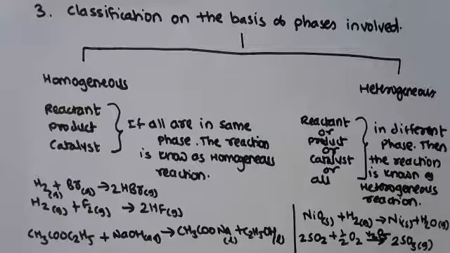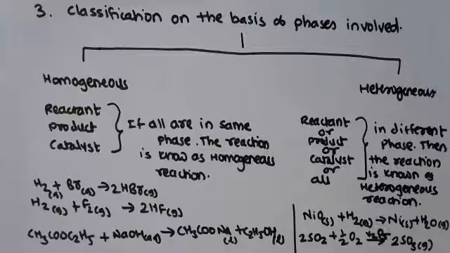Therefore nowadays the trend is to go for the heterogeneous reaction. Another popular example of the heterogeneous reaction is hydrogenation of vegetable oil, where hydrogen is bubbled through vegetable oil in presence of Raney nickel catalyst in order to obtain vanaspati ghee.